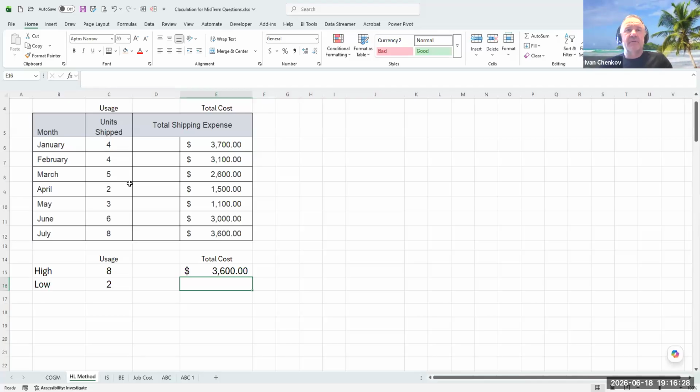So let's go with the low level, but for academic purposes on this level, you're not going to see anything like this. That will be too much of a challenge. I know in this question I have 2 months with 4, but that's just a coincidence. Let's get the number 2, and let's get this vertical lookup for this level of activity.